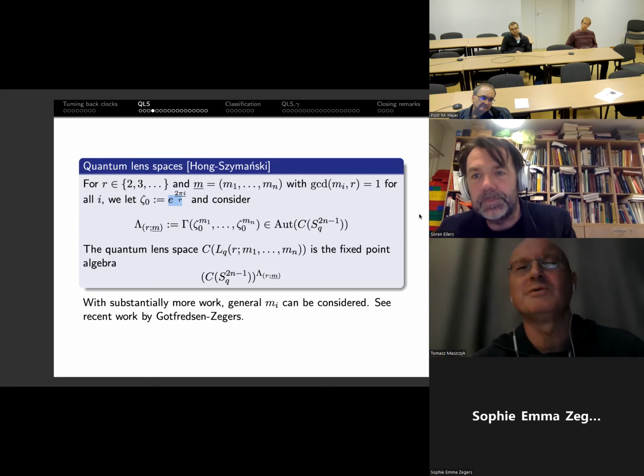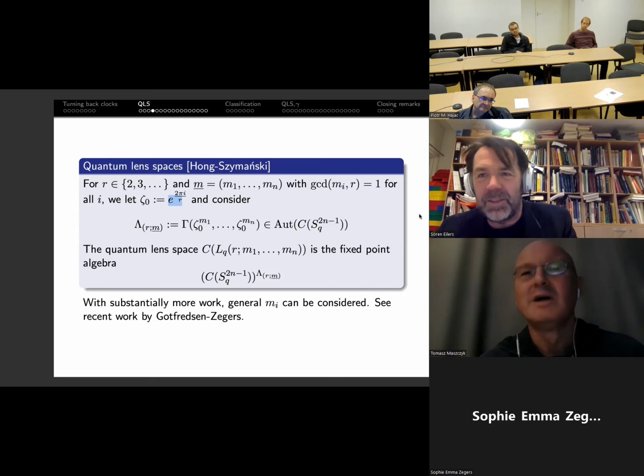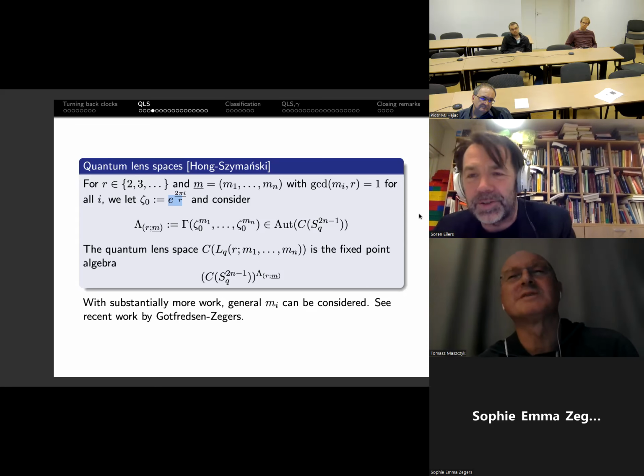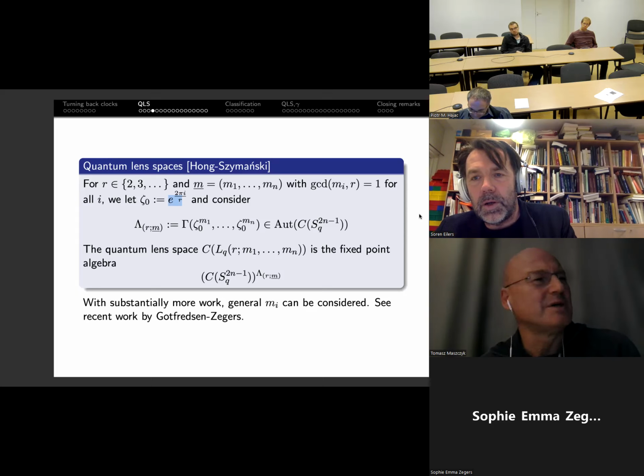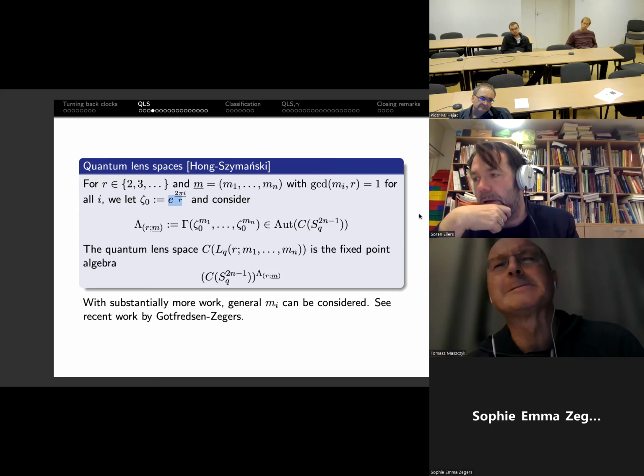Yes. You have to consider not the gauge action, but a non-standard circle action. Yes. Which of these non-standard actions could be considered to be a non-commutative counterpart of some classical, some standard action?